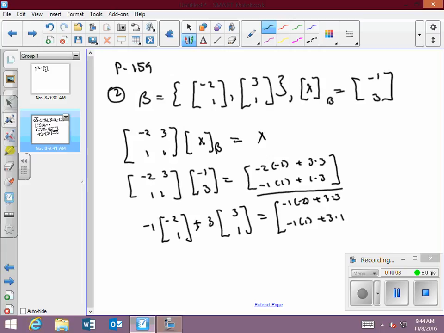So this becomes the weight that you place on each vector. In any case, you're going to get your x value. So this is going to be 2 plus 9, 11, and minus 1 plus 3, 2. So your x vector is going to be 11, 2.